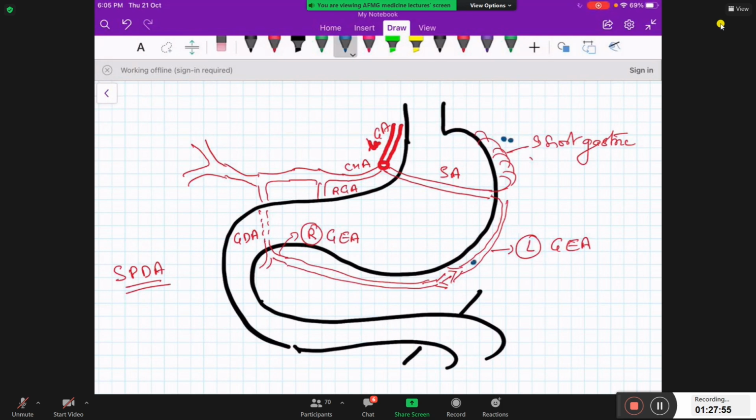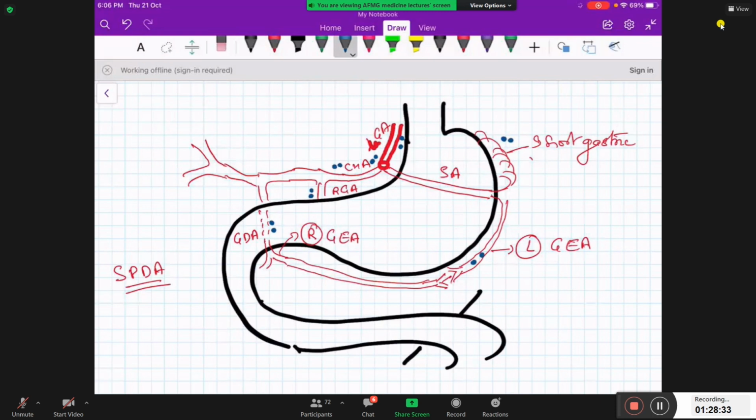There will be gastroepiploic nodes draining stomach? Yes or no? There will be gastroduodenal nodes draining stomach. There will be right gastric nodes draining stomach. Yes or no? Yes. There will be hepatic nodes draining stomach. There will be left gastric nodes draining stomach, and there will be celiac nodes also. Agreed? Yes or no?